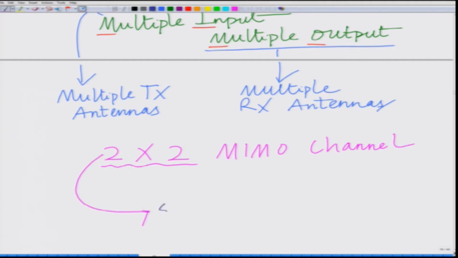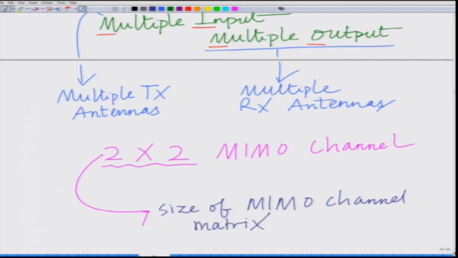If you remember, R cross T is the size of the MIMO channel matrix.